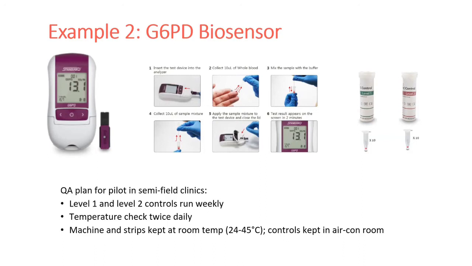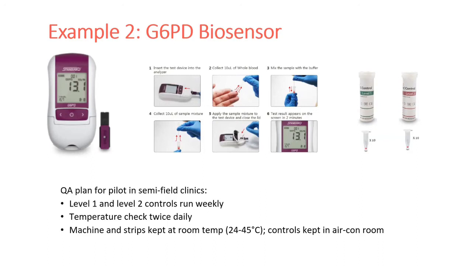And so the QA plan for this pilot was to use the level 1 and level 2 controls every week at the beginning of the week, and to advise the health worker to use the machine only if the results were within the provided ranges. And then every day the temperature of the place where they were running the test was checked twice.